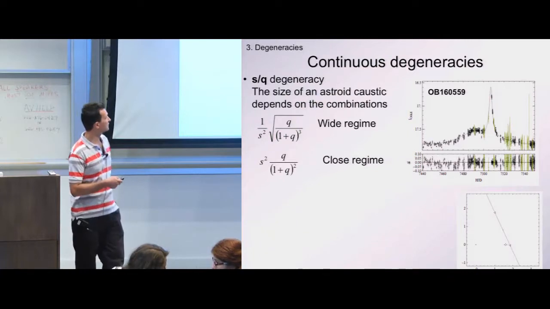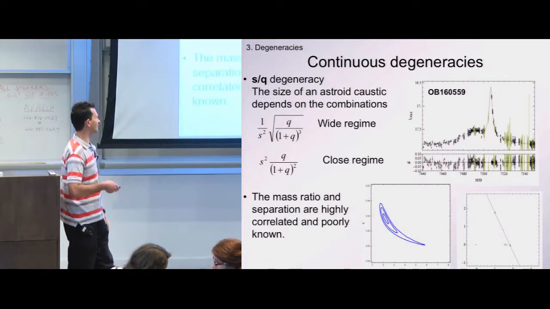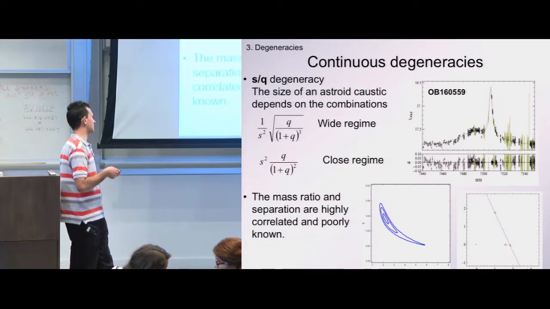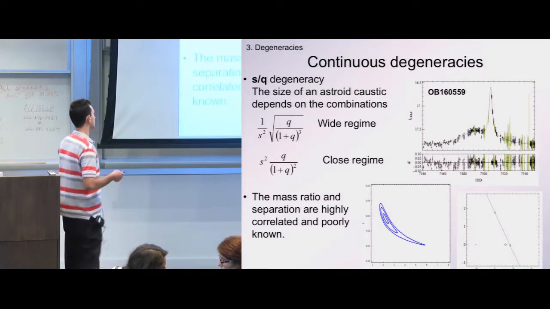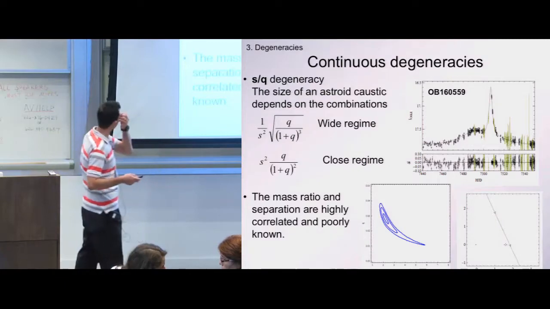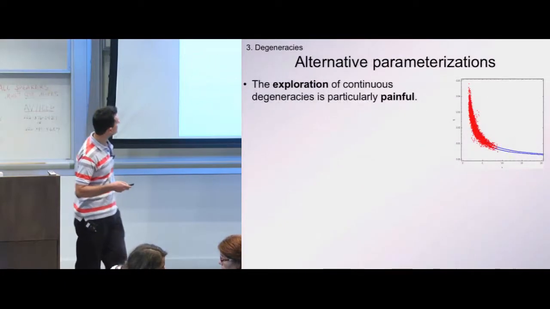So in this case, you can have very long degeneracies in the s-q space. Here is s, here is q. So it's difficult to disentangle the mass ratio from the separation.